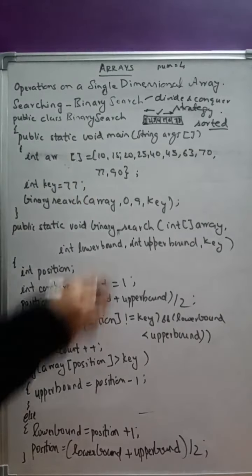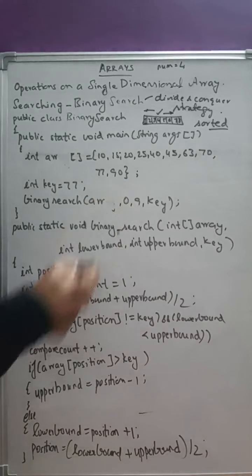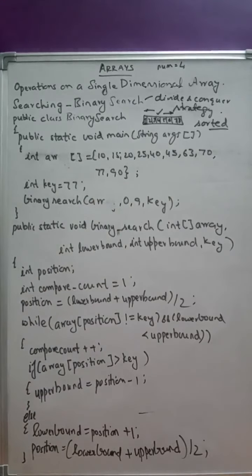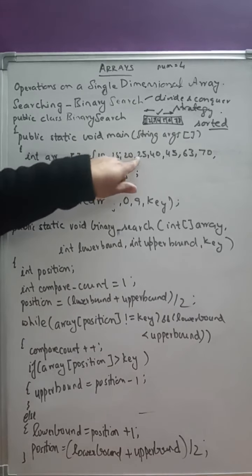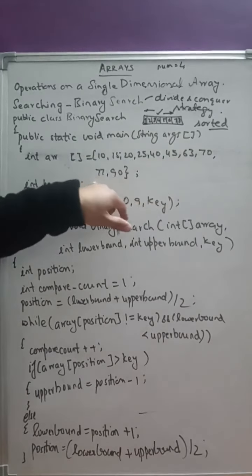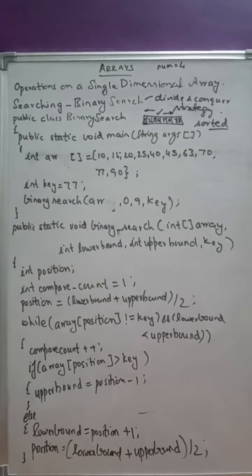I have taken the name ARR. In ARR we have these elements: 10, 15, 20, 25, 40, 45, 63, 70, 77 and 90. You can see that the elements are in a particular order.